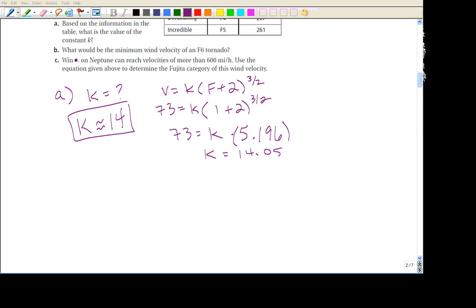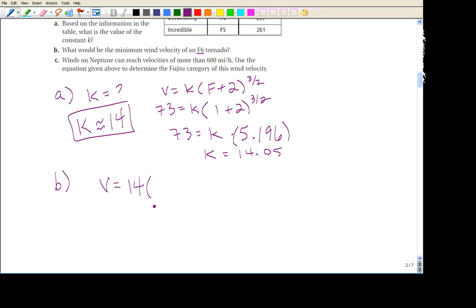Okay, so for part B, what would be the minimum wind velocity of an F6 tornado? So now that we know what K is, we can use that in our function again. So we're looking for the minimum wind velocity of an F6. So we're solving for V. K is equal to 14. We solved for that already.